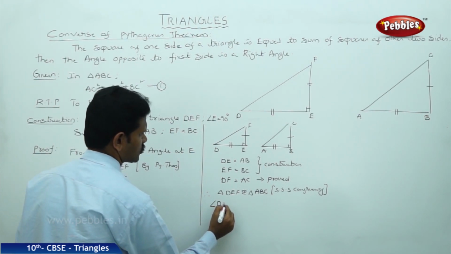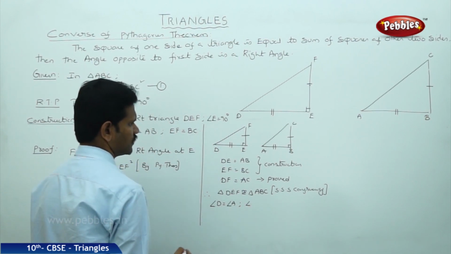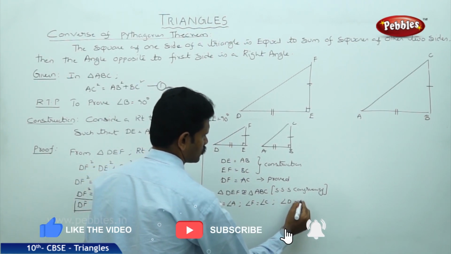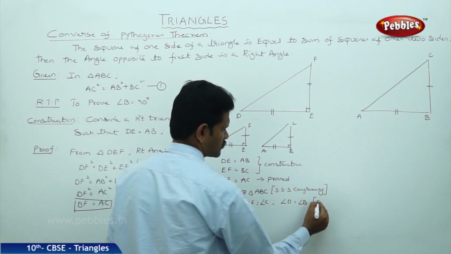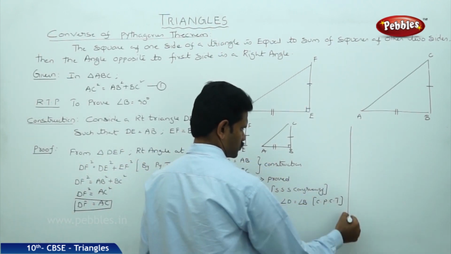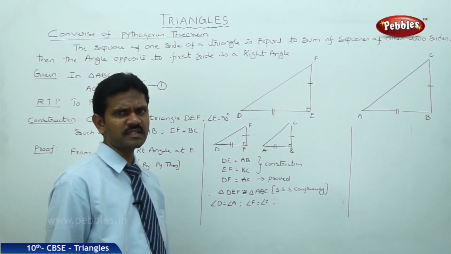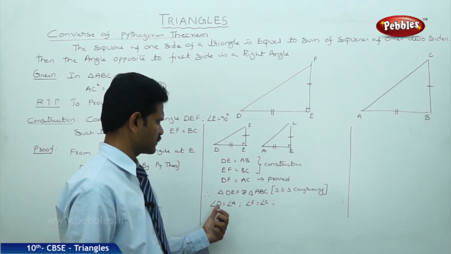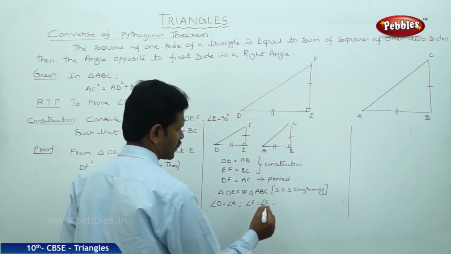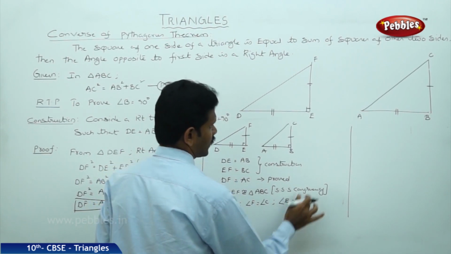Angle D is equal to angle A, angle F is equal to angle C, and angle E is equal to angle B. Reason: CPCT, corresponding parts of congruent triangles.